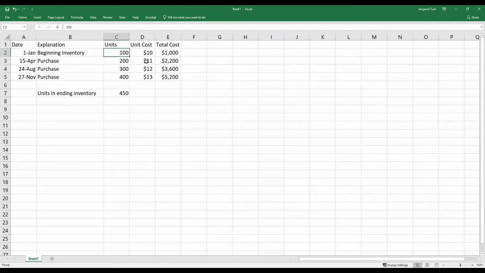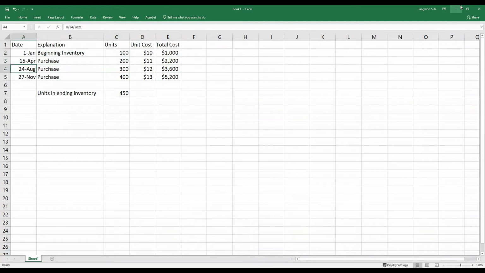And let's further assume that these 200s are purchased at 11. So the cost of initial inventory was 100 times 10, which is $1,000. Your total purchase as of April 15th is 200 at 11, meaning to purchase these 200s, you used up 2,200.